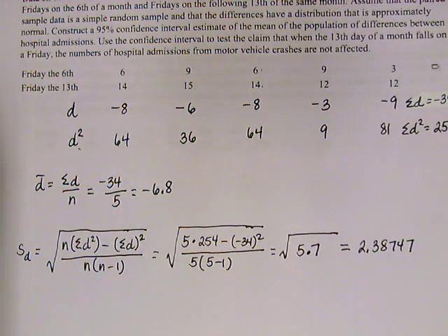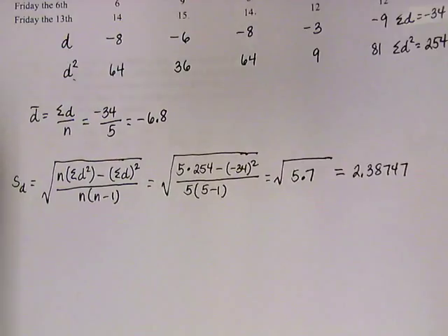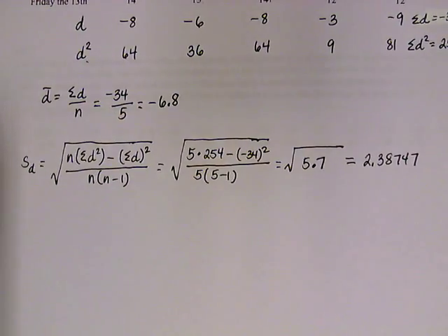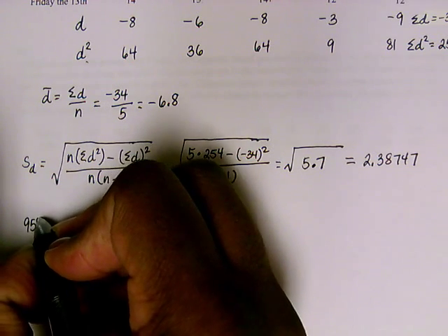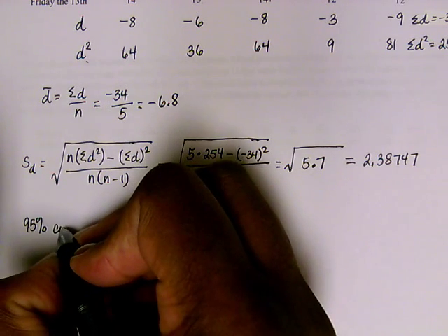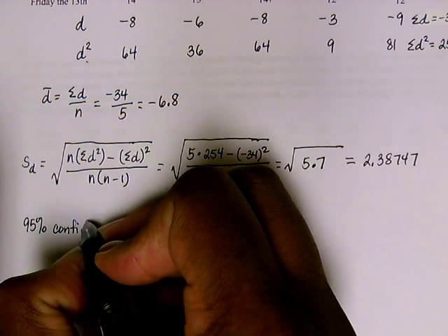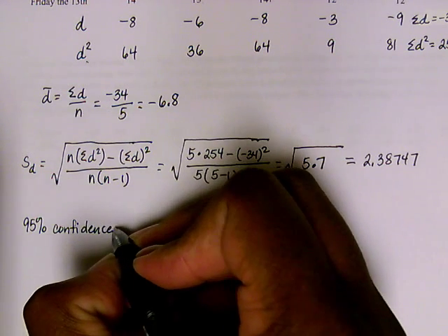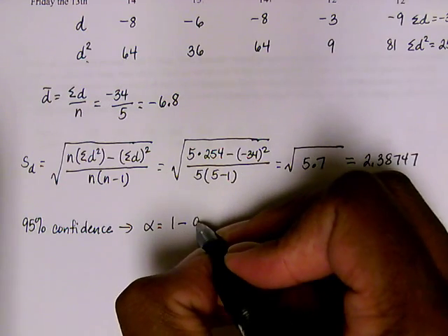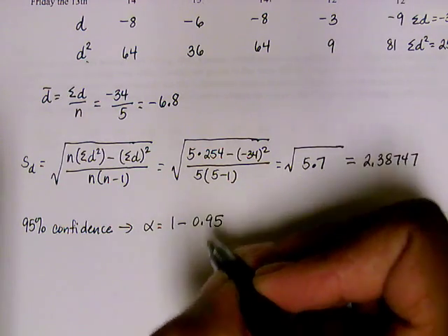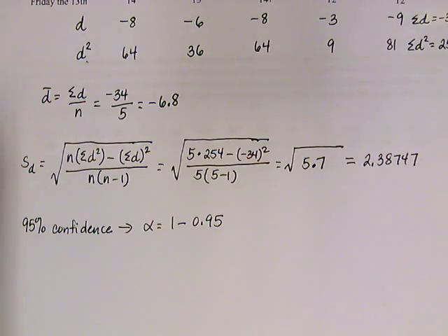Okay, we're dealing with a 95% confidence interval estimate, which is what we're constructing here. So for 95% confidence, our alpha level will be 1 minus that confidence level, which is 0.95, written as a decimal.